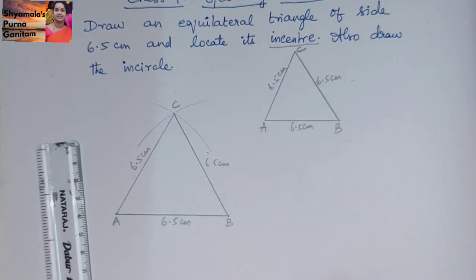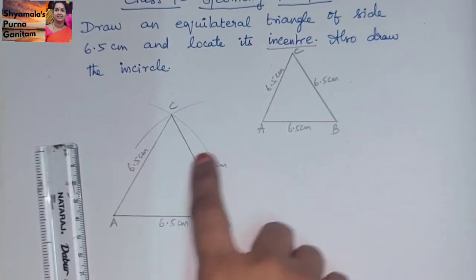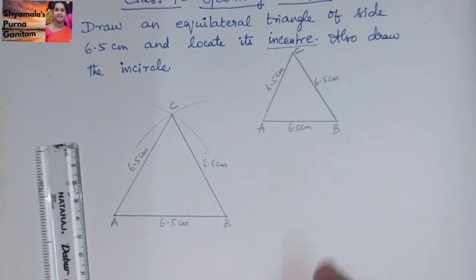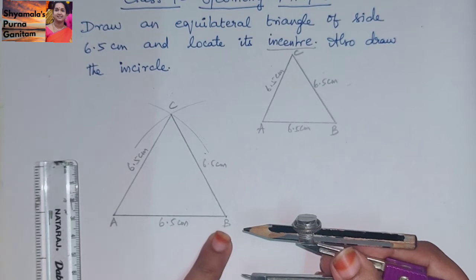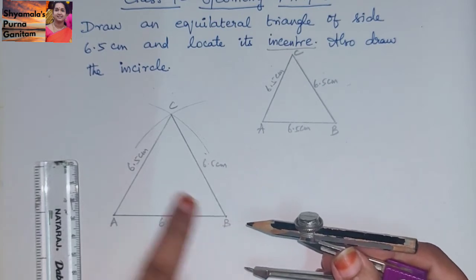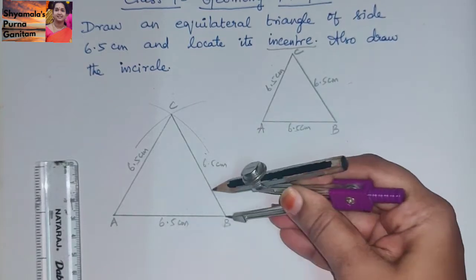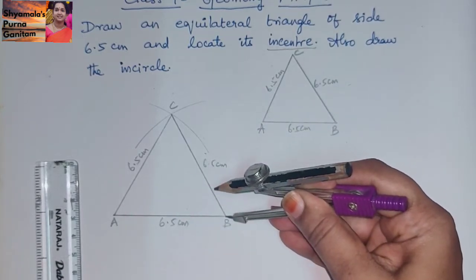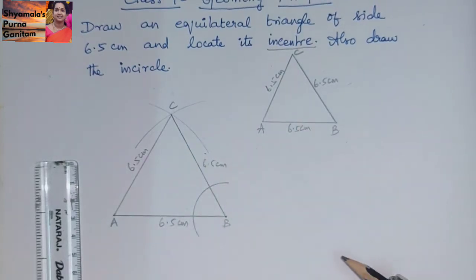So for locating the incenter, we have to construct the angle bisectors. The point where the angle bisectors meet, that is the incenter. So I'll take A and B as the angles and find the bisectors. For finding the angle bisector, with B as center, with any measurement I will cut an arc.